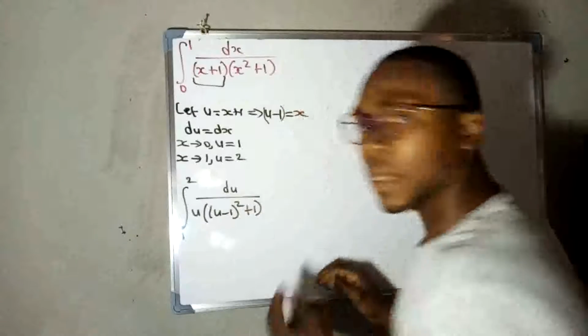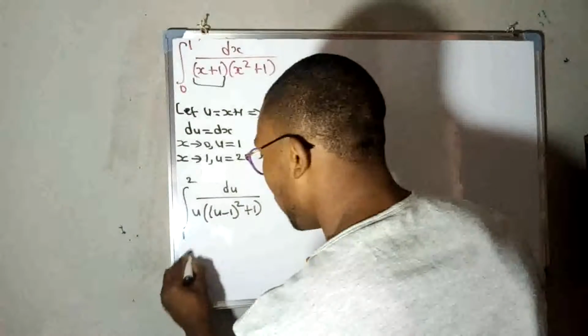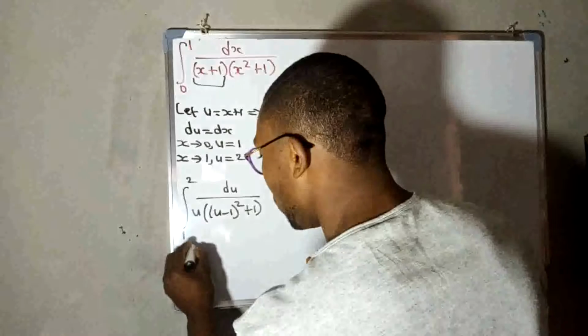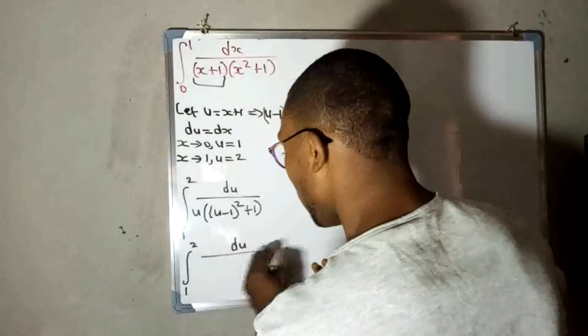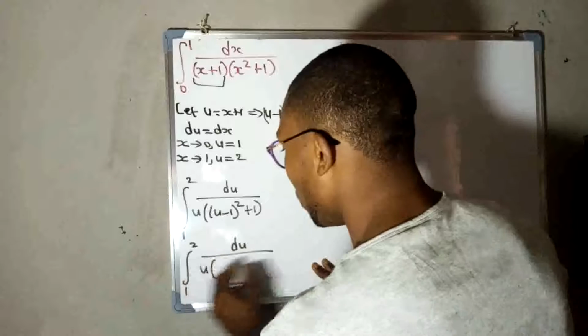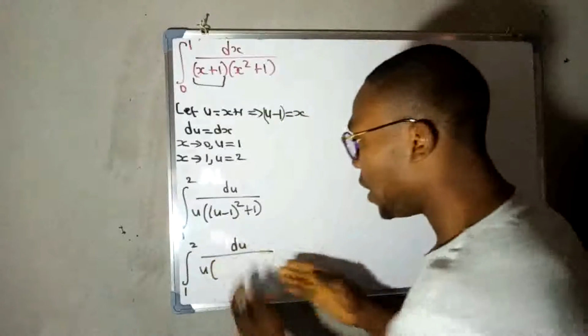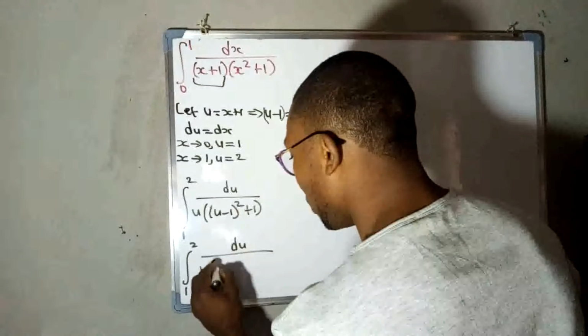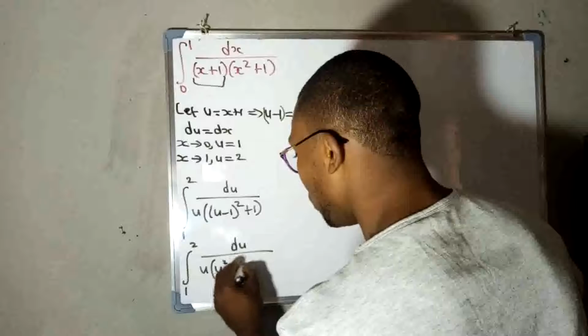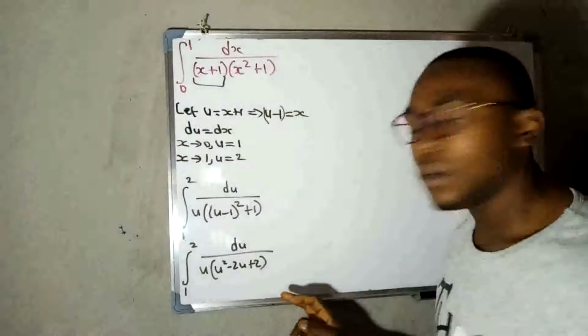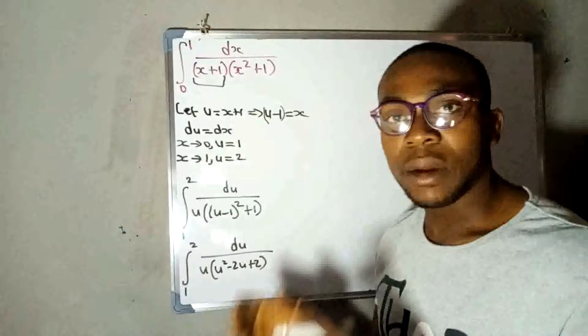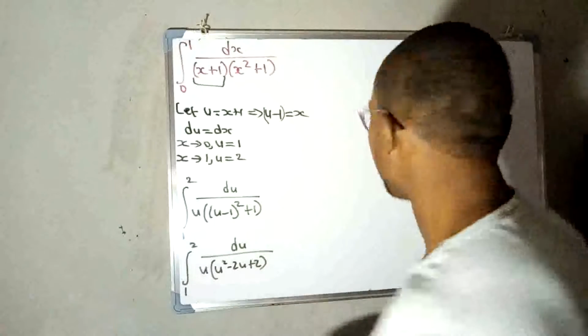So I'll bring my integral from 1 to 2 of du over u times the expression, which when I simplify gives u squared minus 2u plus 2. Now on this side, I will apply partial fractions.